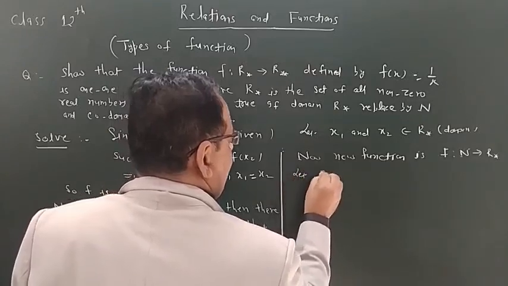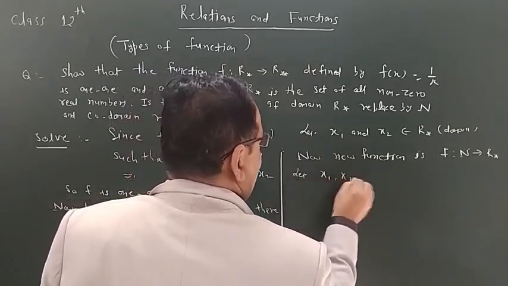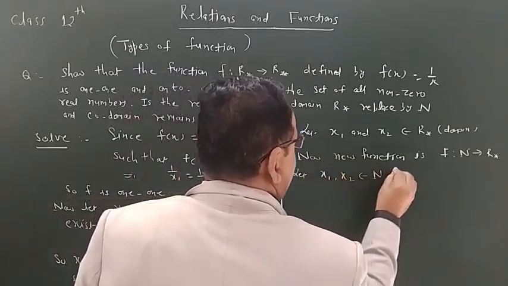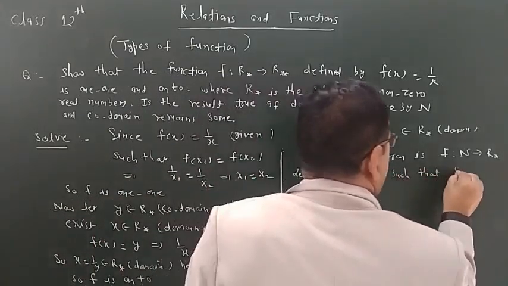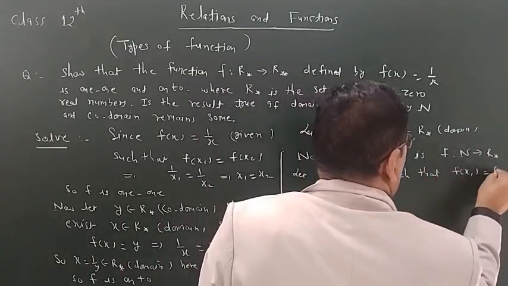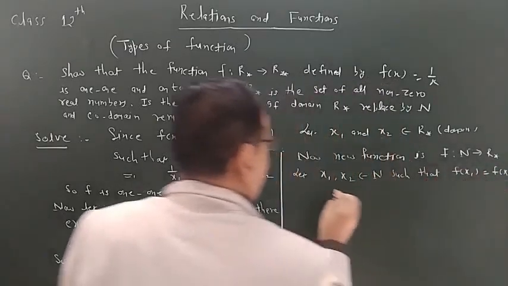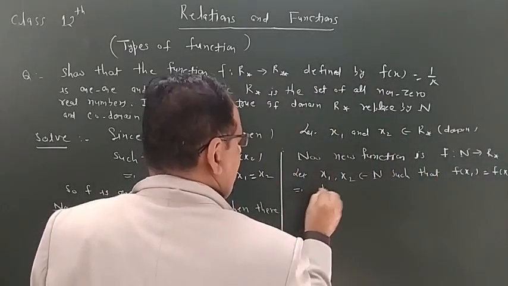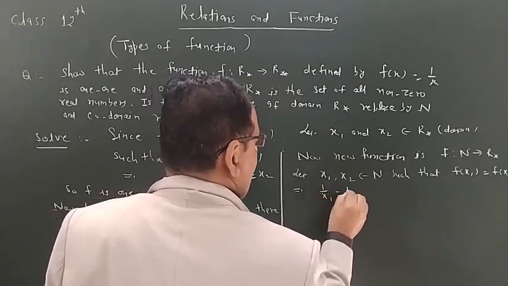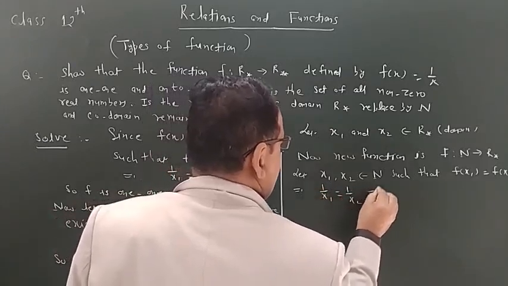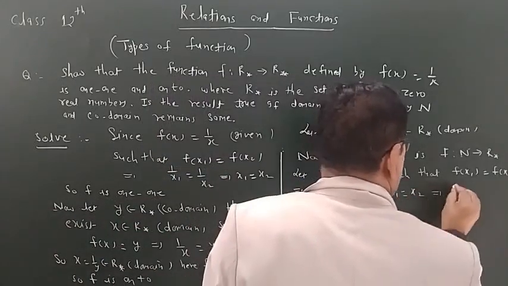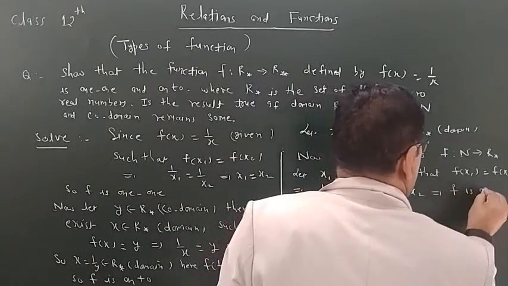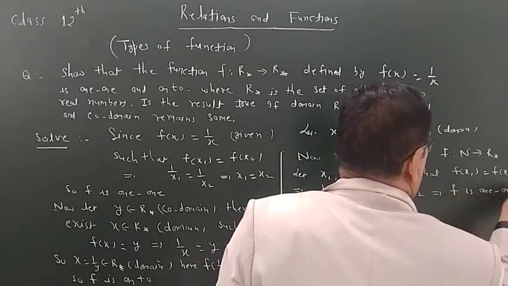Let x1, x2 belong to N such that f(x1) equal to f(x2), that means 1 upon x1 equal to 1 upon x2, x1 equal to x2. This implies that f is one-one.